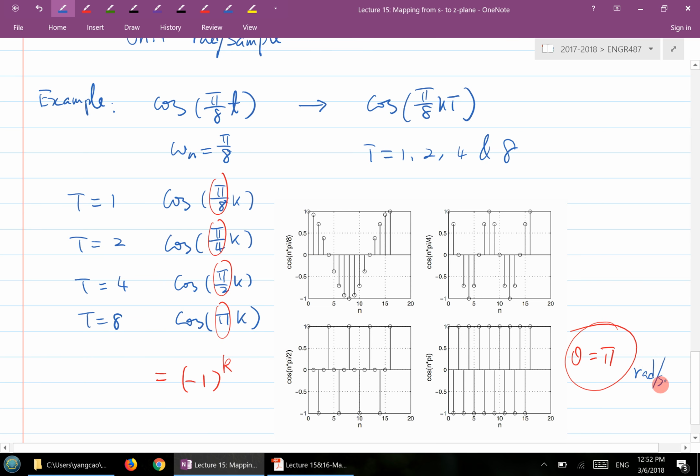Pi readings per sample, right? If you look at the way it goes, every time it goes up, down, then repeats. So this portion in here should be what? Should be 2 pi, right? That's one period. So one sample here covers pi readings per sample, right? So that's basically what it means in here.